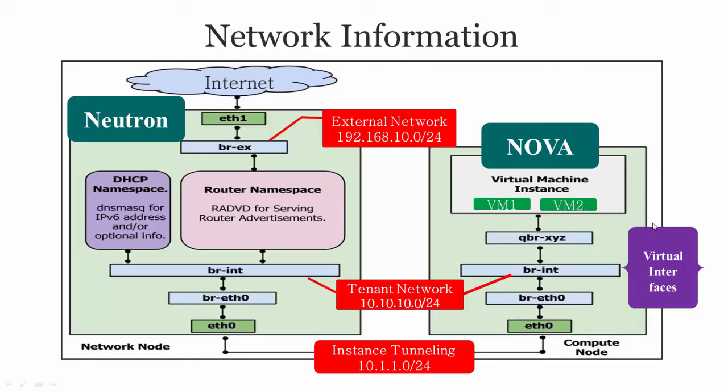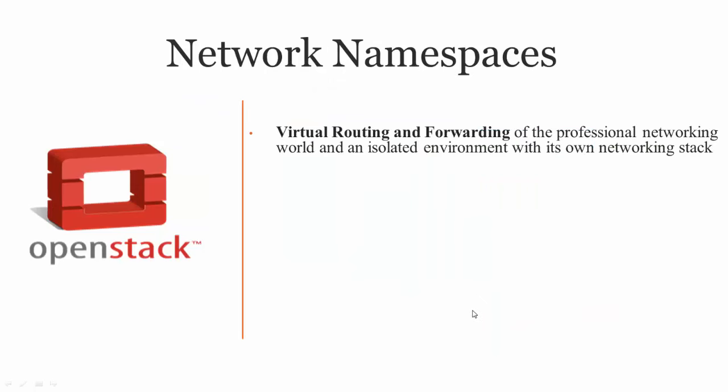Normally this one belongs to where? Virtual interfaces. Using these virtual interfaces, virtual machines can connect to the Neutron service, and also access internet service as well. So here in the previous page, I showed you two kinds of network namespaces, DHCP and the router. So this network namespace means virtual routing and forwarding service.